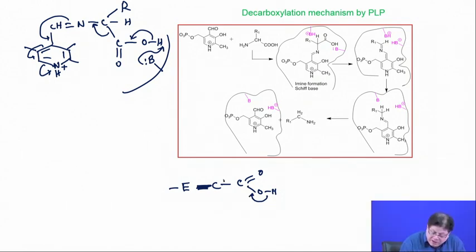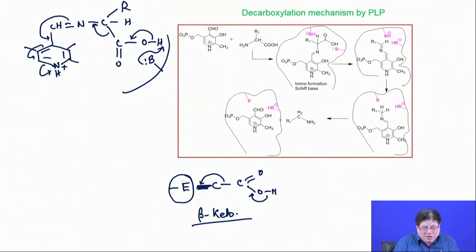So, that goes there because it is electron withdrawing. So, the electrons now flow to this, which is acting as the electron sink. So, we know that this is beta keto systems, beta keto, but there could be other functionalities. It is not necessarily keto, it could be imine, or it could be this pyridoxal mediated homologous imine. Okay.